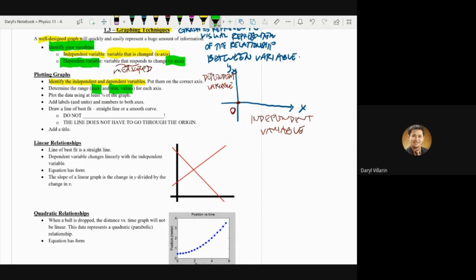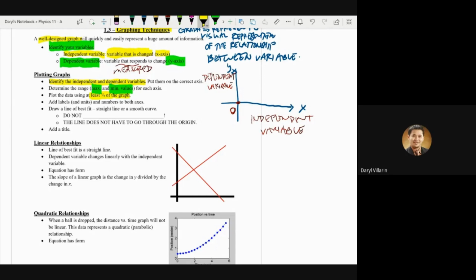Since a graph is a visual representation of the relationship between the two variables, in my example distance and time, you need to make a graph that is big enough. It is advisable to use at least 3/4 of your graphing paper. There's no point in having a very small graph, because if you have a very small one, that defeats the purpose of your graph.